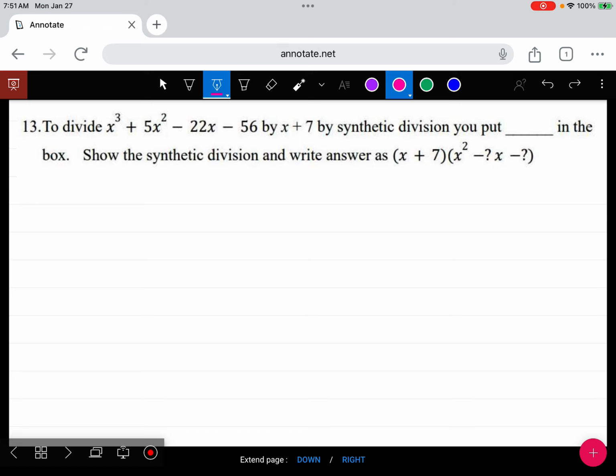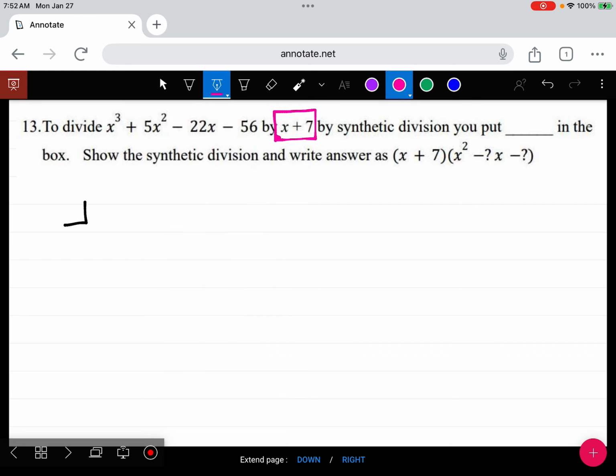All right, so we are dividing this polynomial, and we are given a factor. So we are asked to divide x cubed plus 5x squared minus 22x minus 56 by this guy, x plus 7. So the first thing we're asked is what number is going to go in the box?